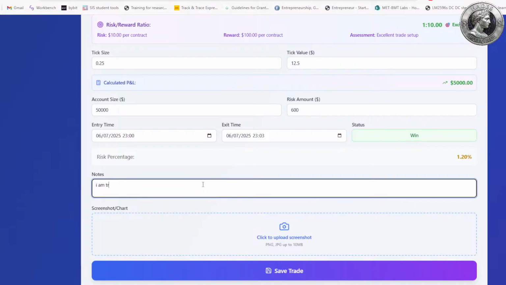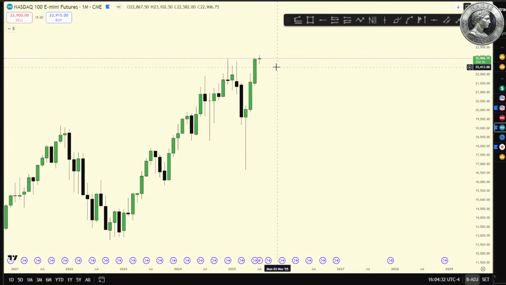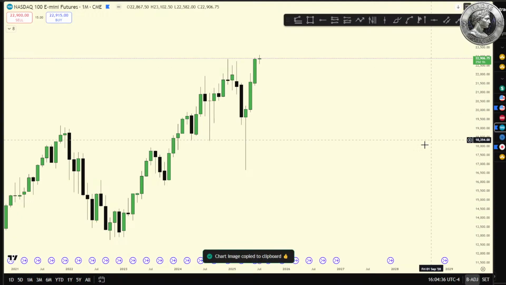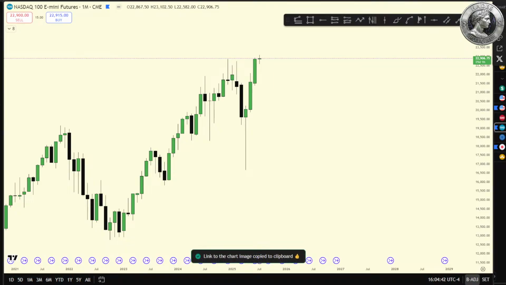I am testing this notepad, and for the sake of it, let's take an image. Actually, what is it? Copy link and then download it once.